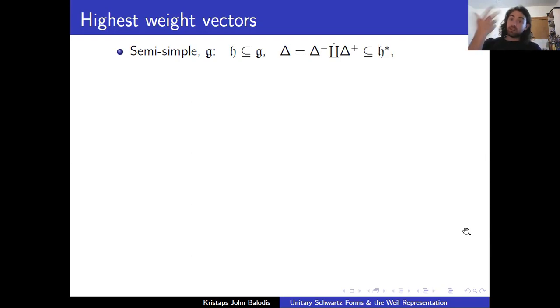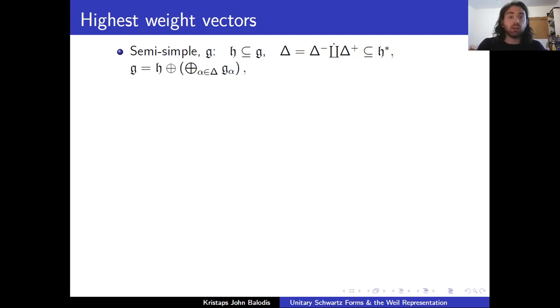Inside the dual of the Cartan subalgebra, which is just the collection of linear functions that eat vectors of H and spit out complex numbers, there exists a set delta, and that set splits into a disjoint union of negative delta and positive delta. We call these the roots: the negative roots and the positive roots of this set of special functionals. We'll see why they're special in a moment.